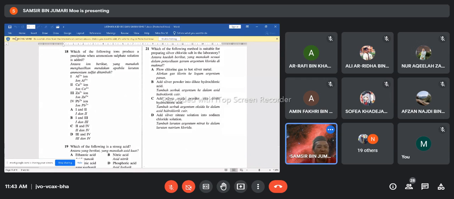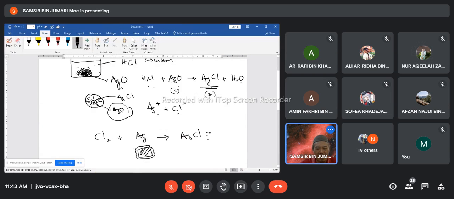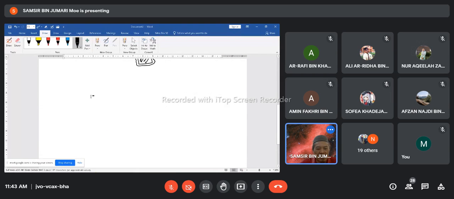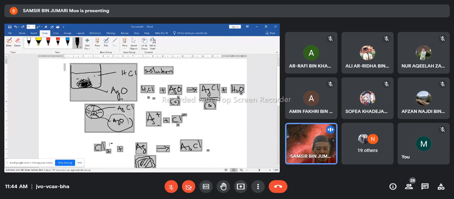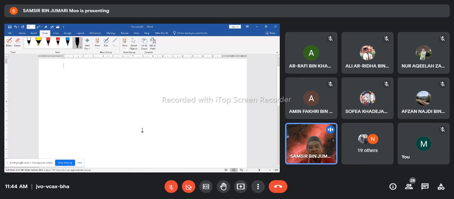If we want to, where was it just now, this one. Okay, let's look at it like this. Lead two ion and sulfate ion, okay, to form lead two sulfate.